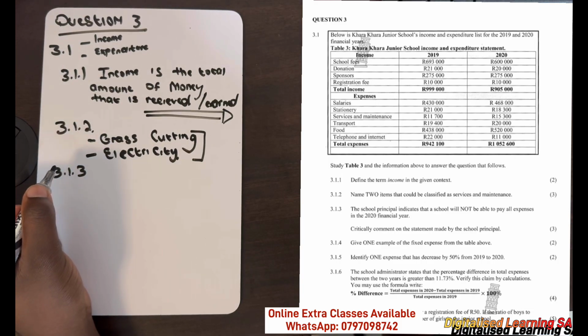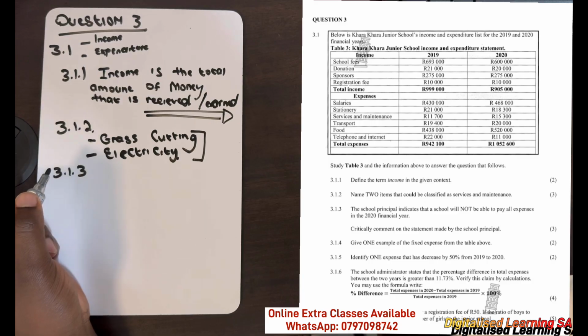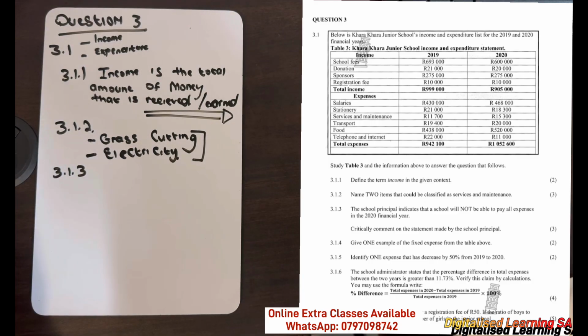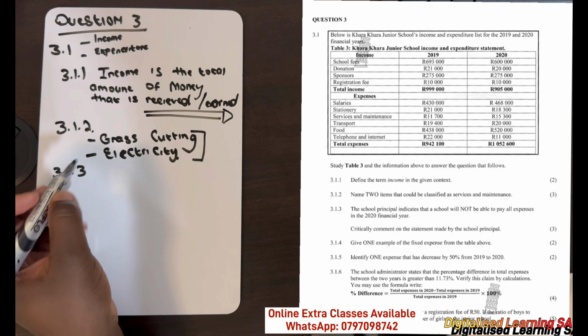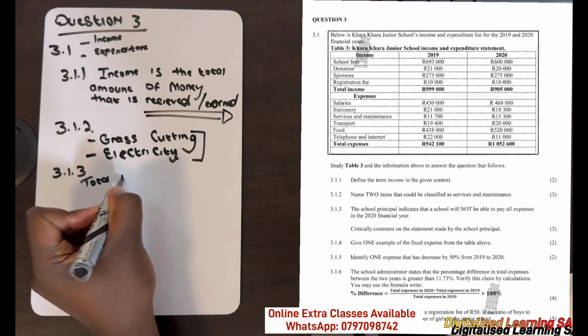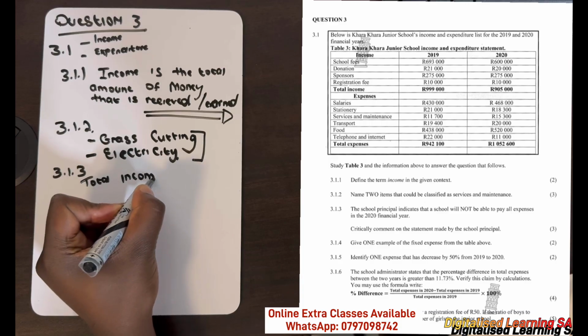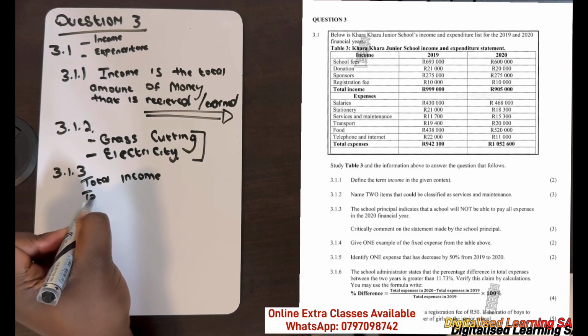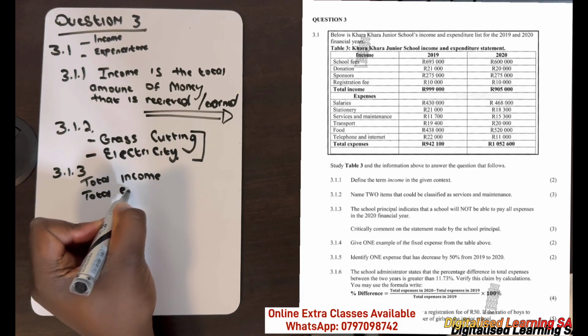So question 3.1.3 says that the school principal indicates that a school will not be able to pay all expenses in the 2020 financial year. Critically comment on the statement made by the school principal. So to answer this question, we need to check the total income, and we also need to check the total expenditure.